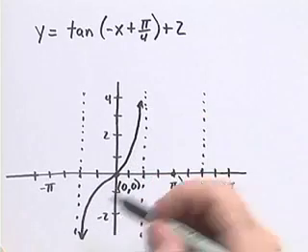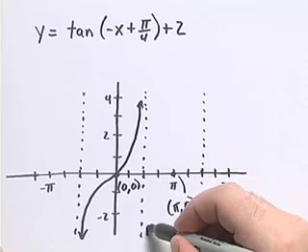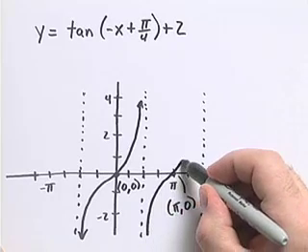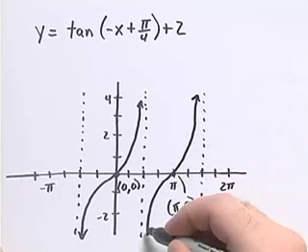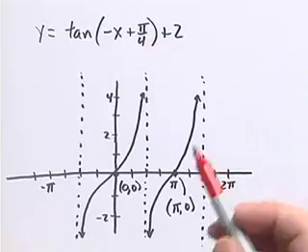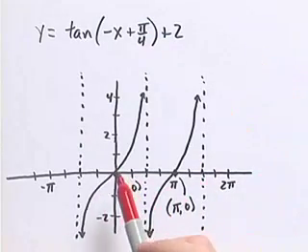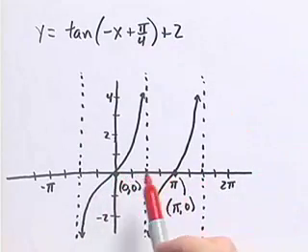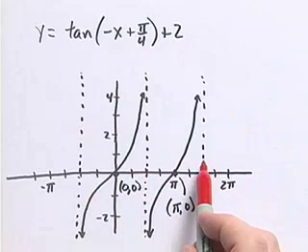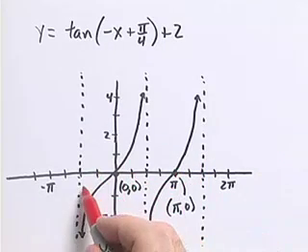So the tangent is going to look something like this. Now that we have the graph of our base function, we're going to apply our transformations to get the graph of the given function. We're going to apply our transformations to the 2 points that we've plotted and also to our vertical asymptotes.